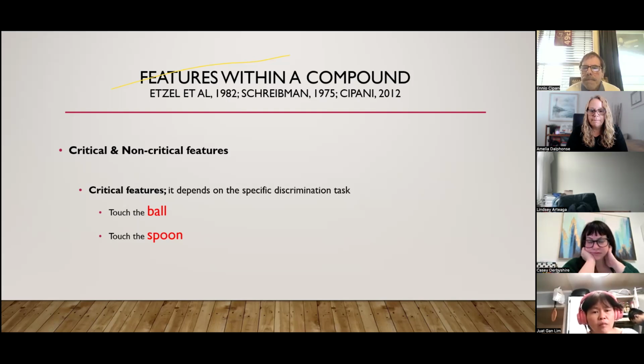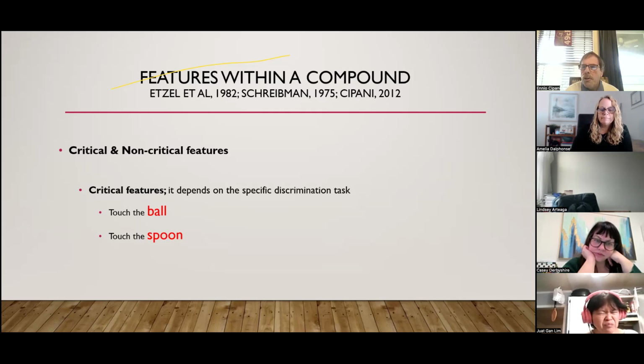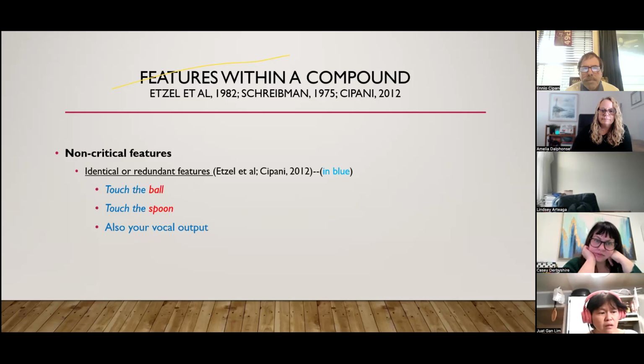Given this discrimination task, you have to attend to ball and spoon, and the sounds of those. Those are called critical features. They're critical to correct discriminated behavior, given this two-choice discrimination task.